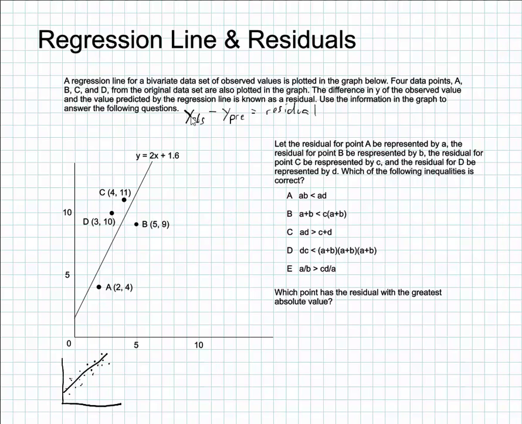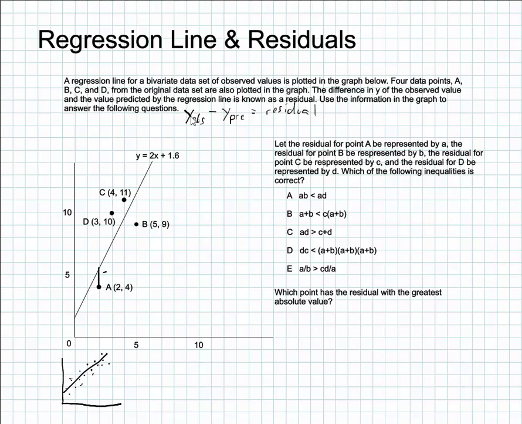Residuals, again, we know that y observed minus y predicted is equal to the residual, so that is where the residuals come from in the actual data. So if we have, for example, at point A, it's at (2, 4), we know that the residual is going to be negative. The residual is really just the vertical distance between the y values here. We know that is going to be negative because it falls below the regression line.